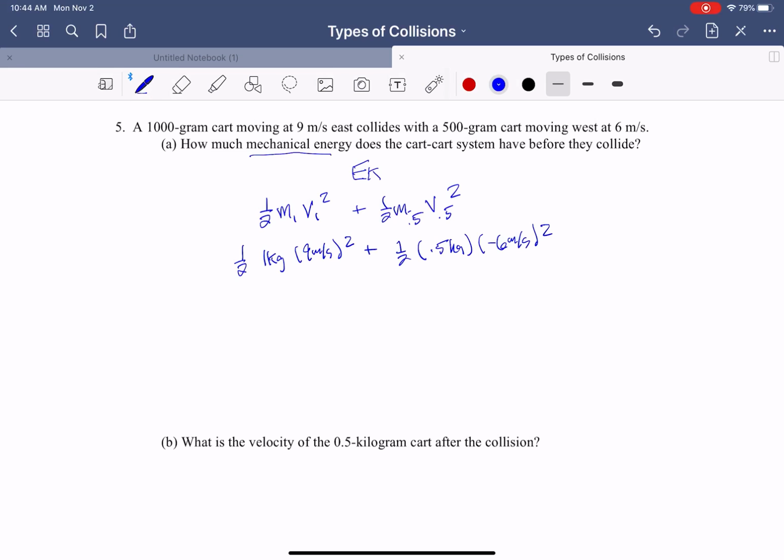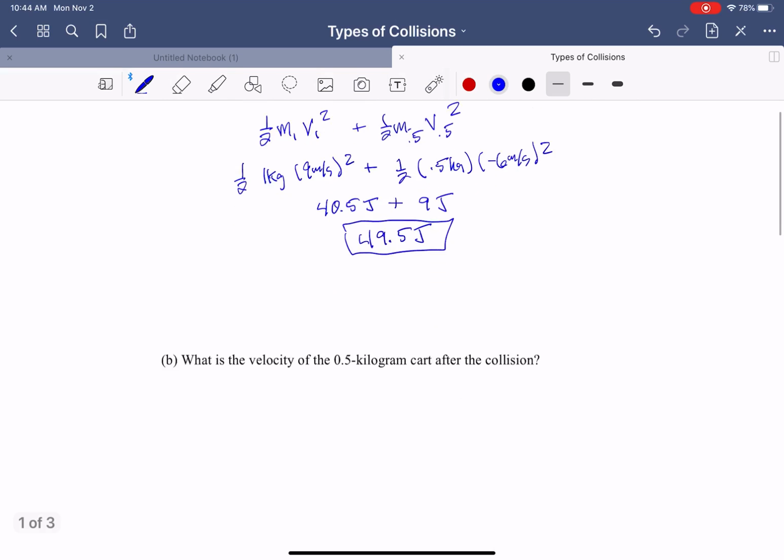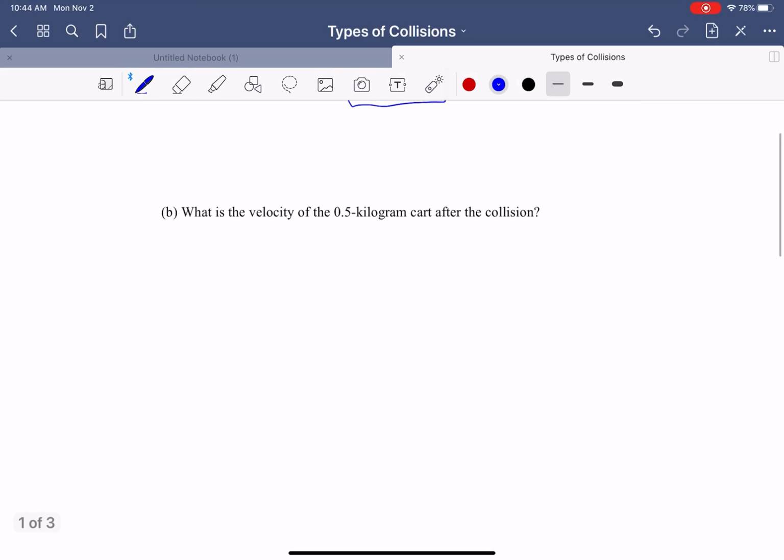So when I do the math, I find that I have 40.5 joules plus 9 joules. So to begin with, my cart system has 49.5 joules. Okay. So then it says what's the velocity of the 0.5 kilogram cart after the collision.